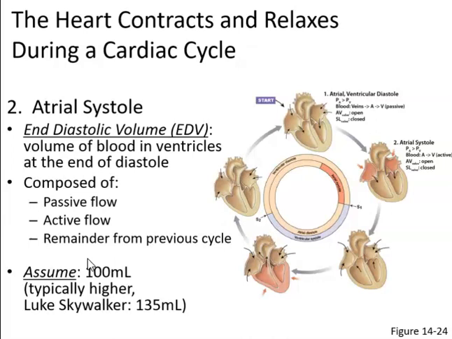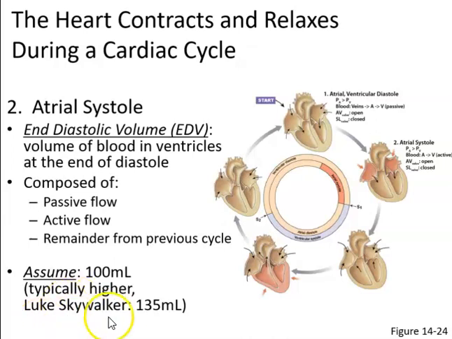Now, end diastolic volume, we typically measure it at 100 milliliters just for computation purposes, but it's actually closer to 135 milliliters, and this kind of fits that European standard male.